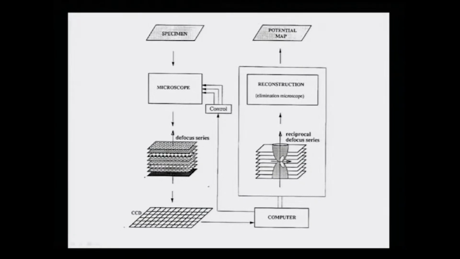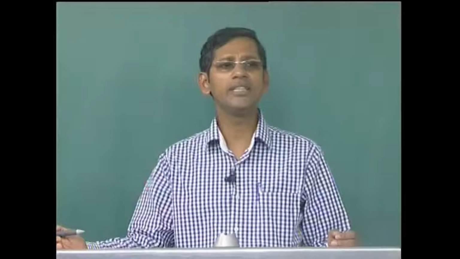I do not have time to talk about each of these techniques precisely because of the time constraint, but any conventional textbook on transmission electron microscopy will provide you all the knowledge available for these techniques. The most important technique which you apply day to day in high resolution electron microscopy is fast Fourier transformation.